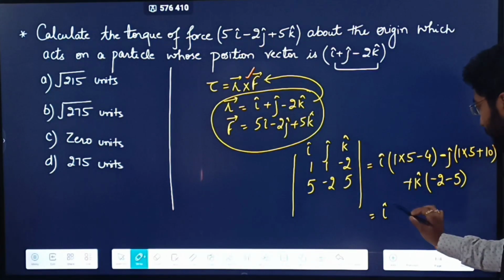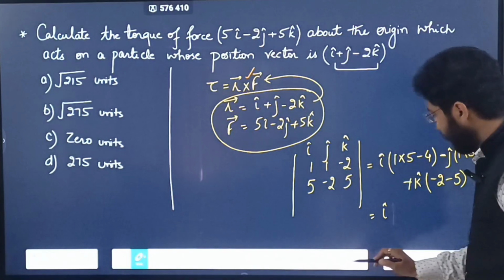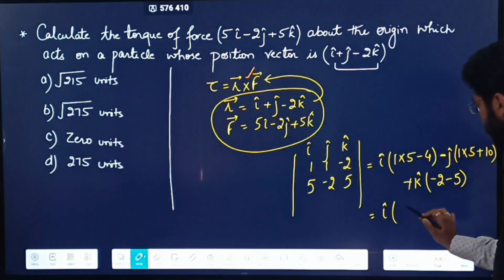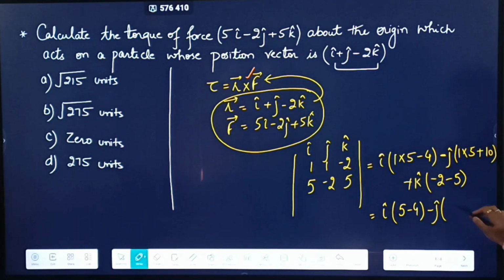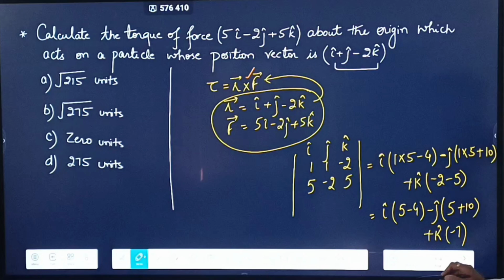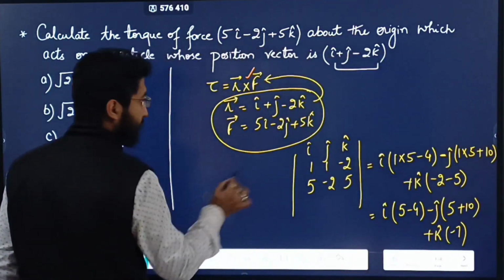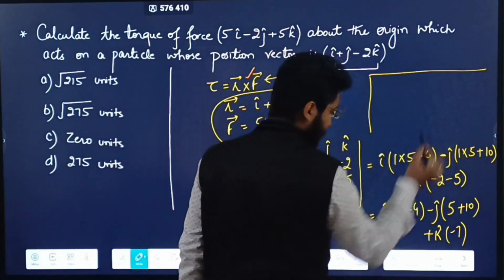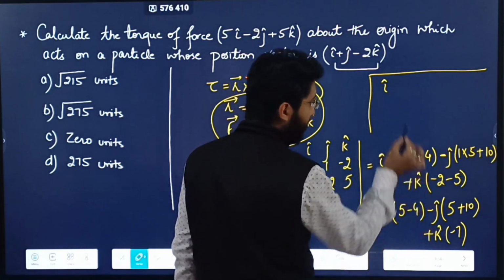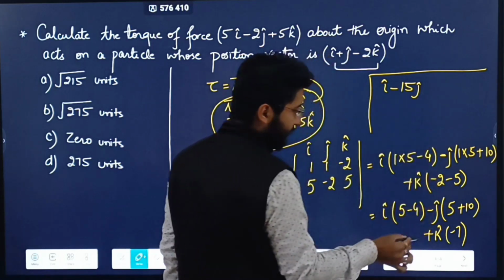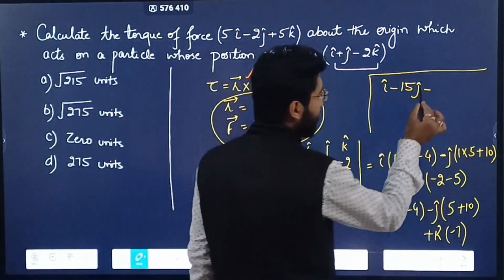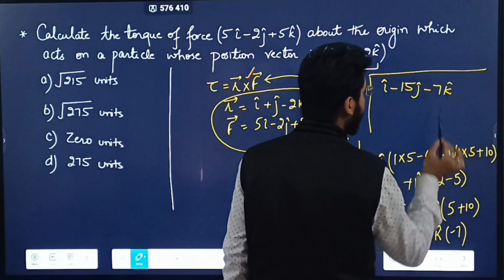On solving, 5 minus 4, minus j cap 5 plus 10, plus k cap minus 7. Now we will get here i cap minus 15 j cap minus 7 k cap.